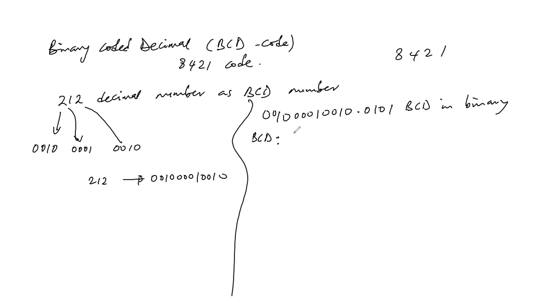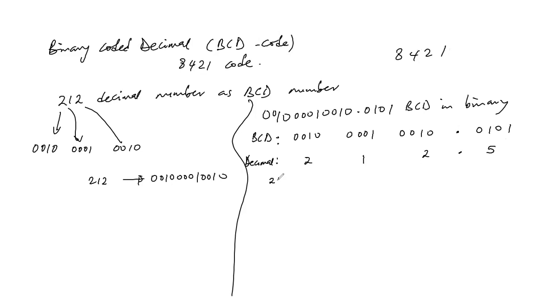Let us separate them: 0010, 0001, 0010, 0101. In decimal, this is the same as 2, 1, 2, 5. Now 4 and 1 are turned on, so 4 plus 1 is 5.